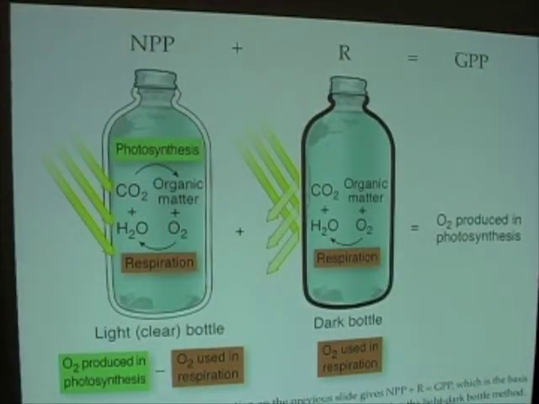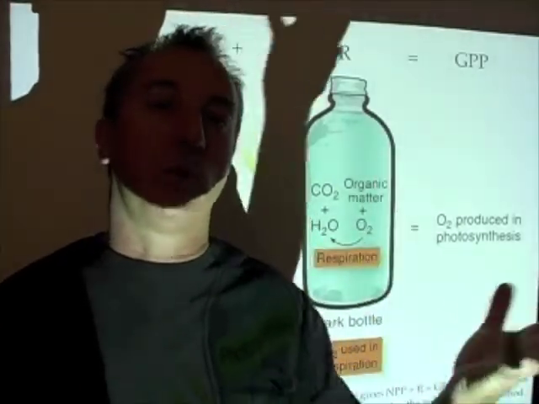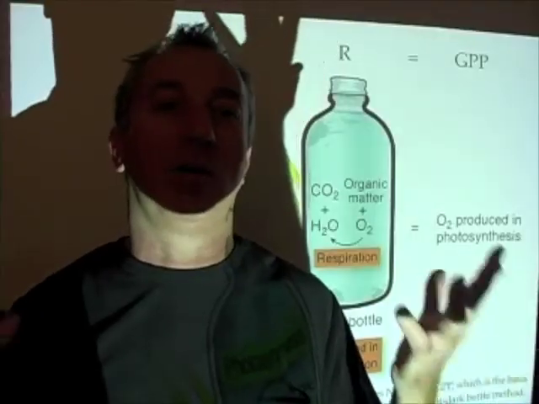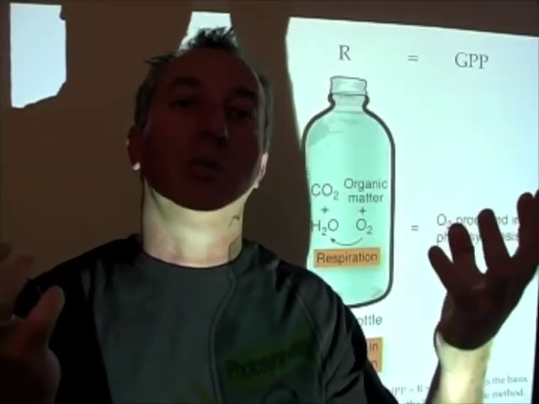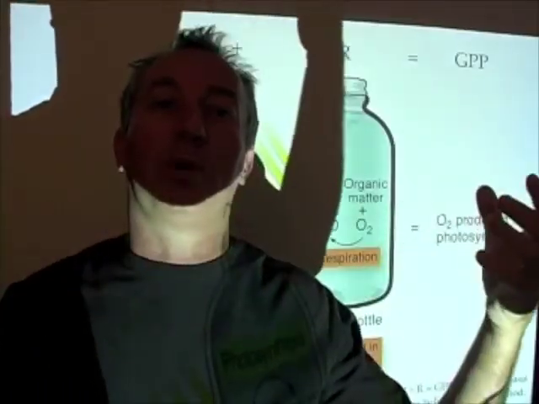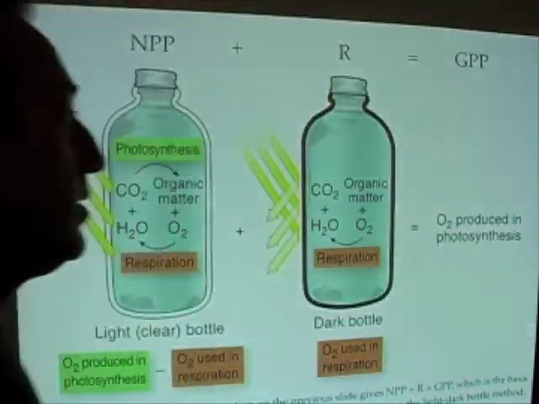Well, if NPP plus R equals R, the only thing that makes that equation work out is if NPP is 0, and that's right. You would have no net primary production. Photosynthesis would exactly balance out respiration. The amount of oxygen being produced by the plants would be consumed by the plants and everything else, and net primary productivity would be 0.